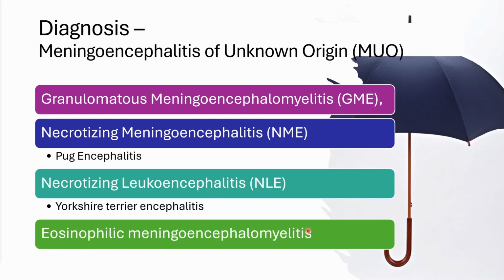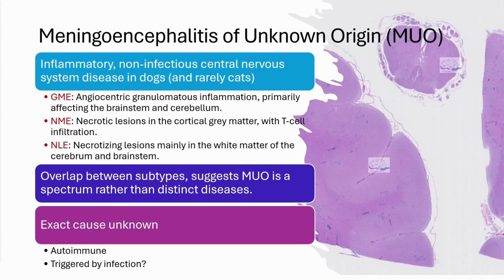Eosinophilic meningoencephalomyelitis is characterized by eosinophils. So we don't understand the etiology of this disease, but it's an inflammatory non-infectious disease. It's thought to be autoimmune, maybe triggered by infection, or in my experience it's often associated with gastrointestinal disease and inflammatory gastrointestinal disease in particular.